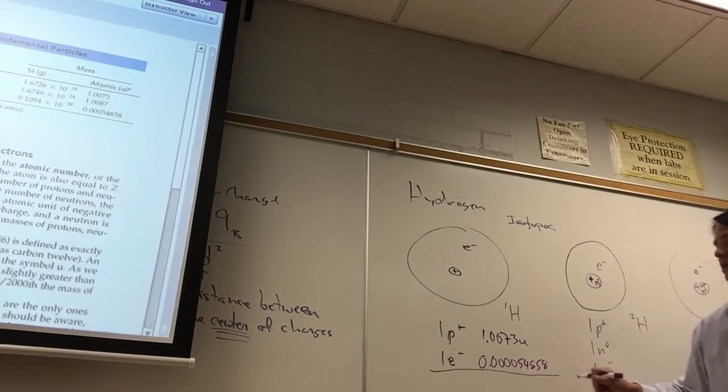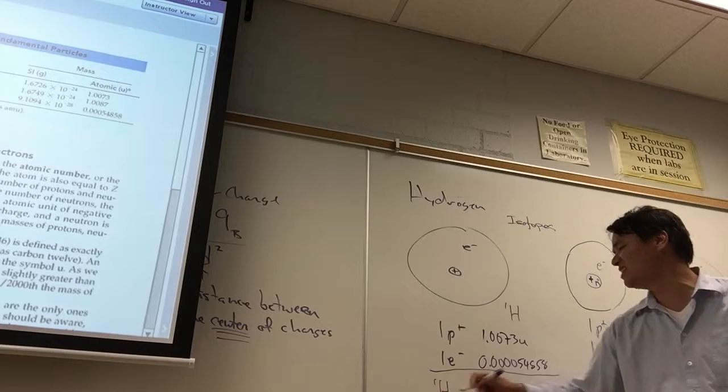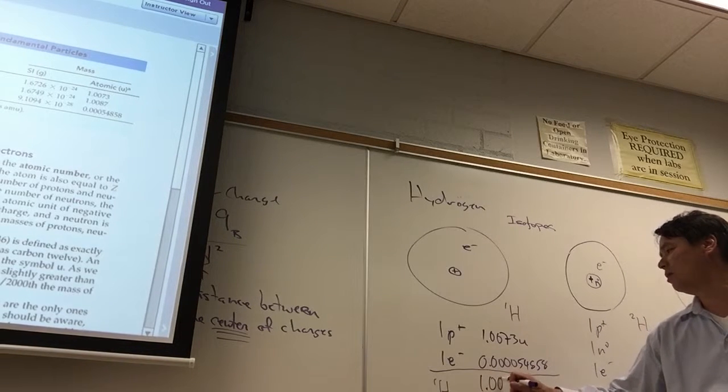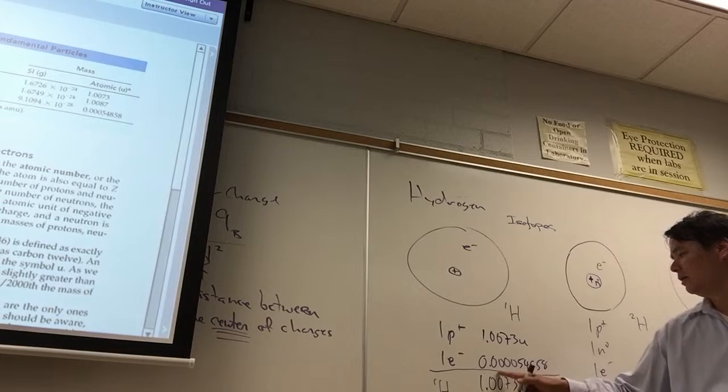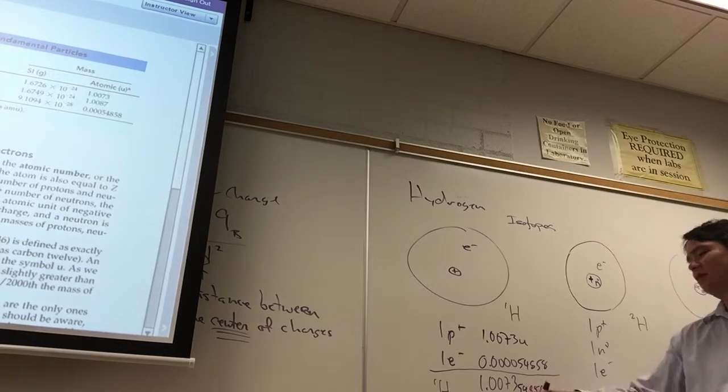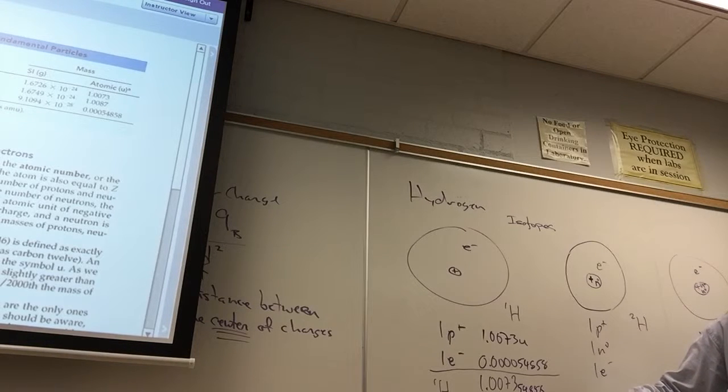To figure out the mass of the hydrogen 1 atom, we just add these together. We get 1.0073 plus 0.00054858. These aren't significant digits here.